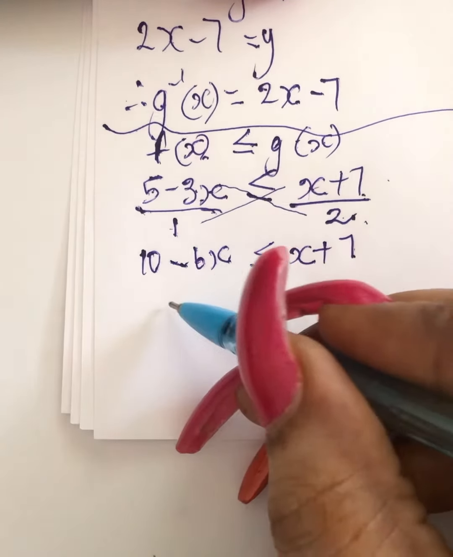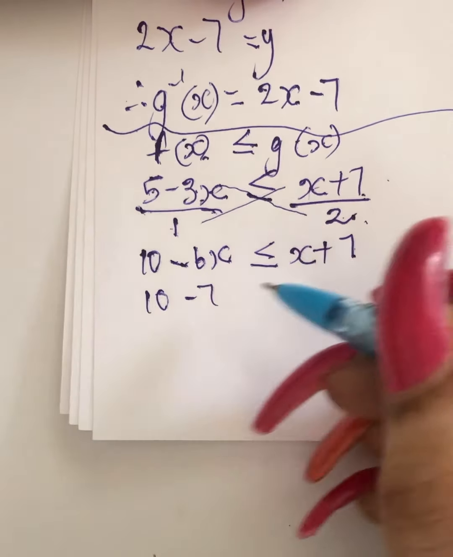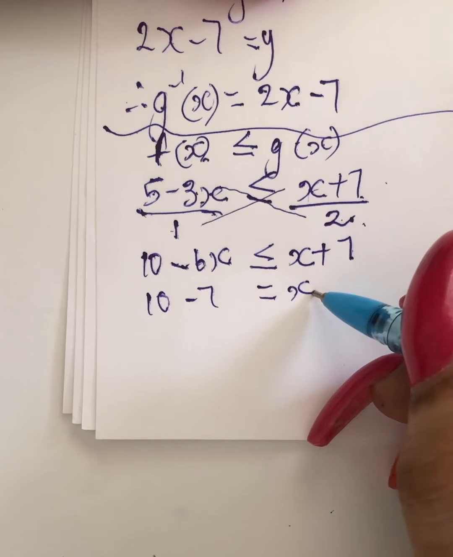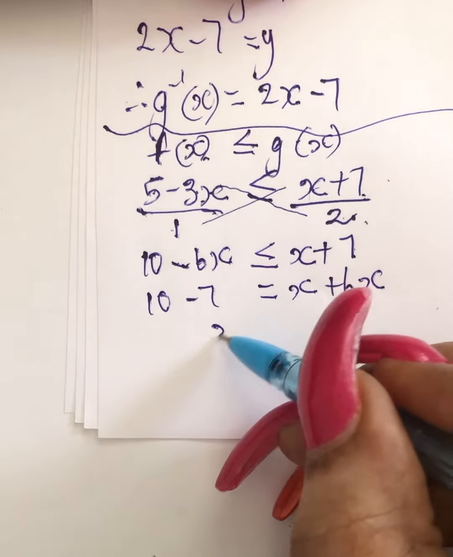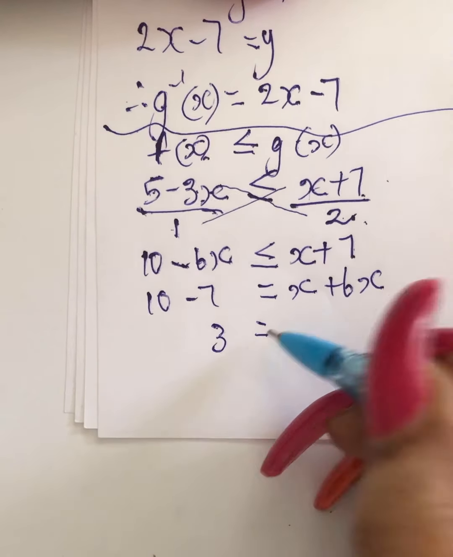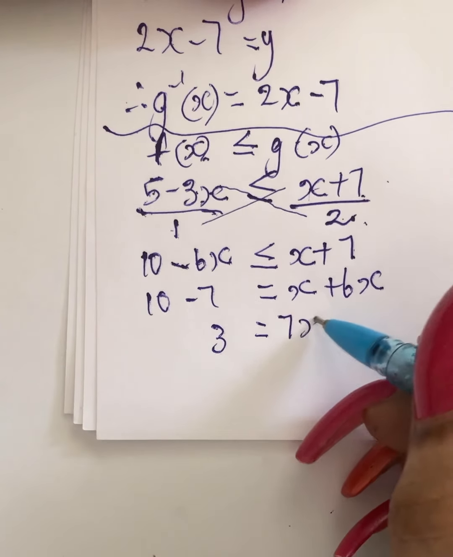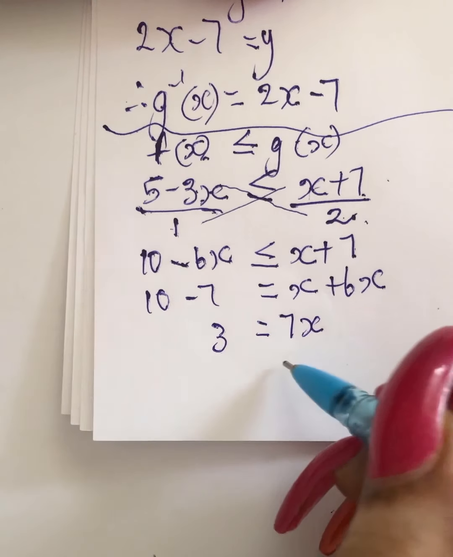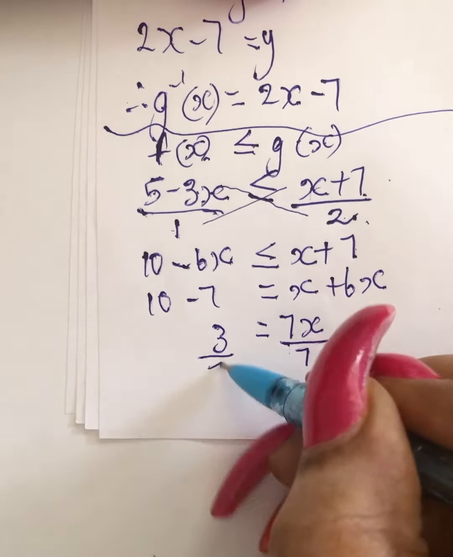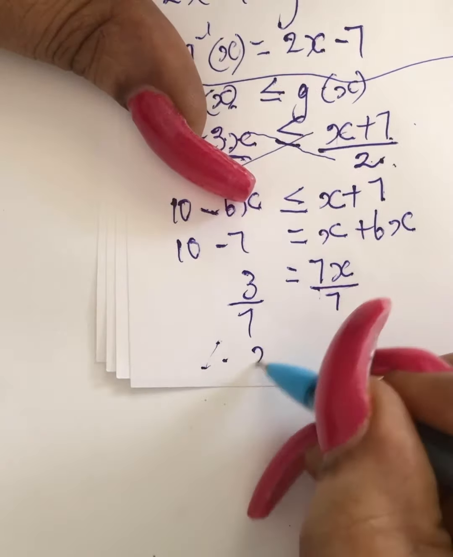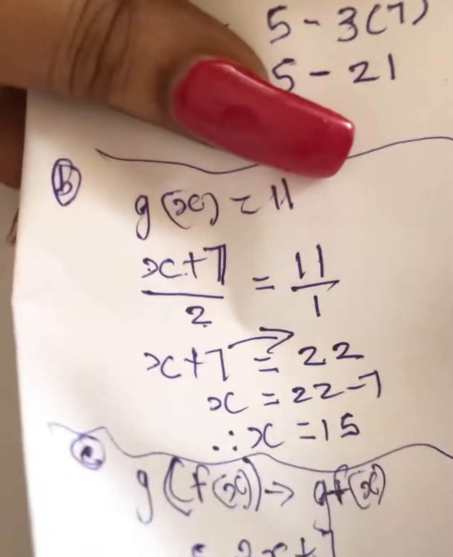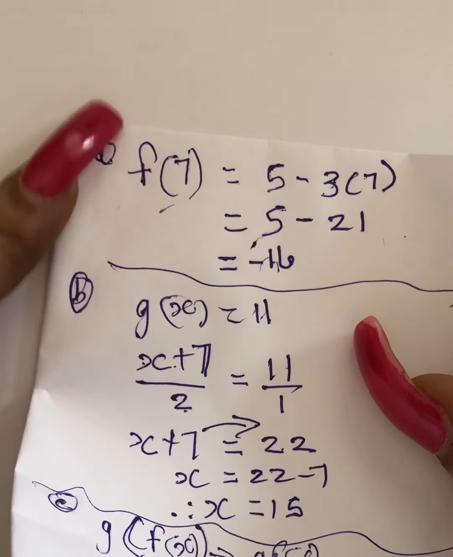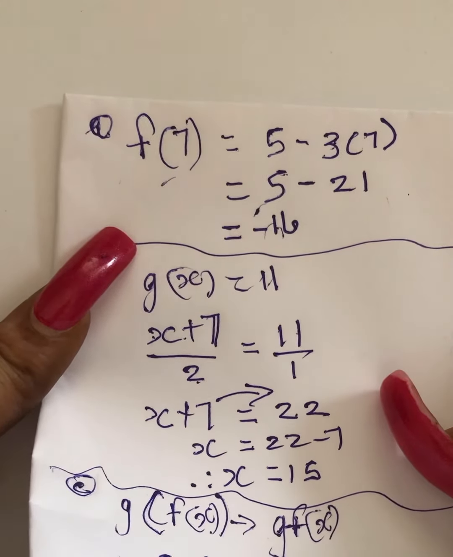And now I collect like terms. 10 minus 7 is equal to x plus 6x. 10 minus 7 leaves us with 3, and x plus 6x is 7x. We want a value for x, so we must get rid of the 7. Therefore, x is equal to 3/7.